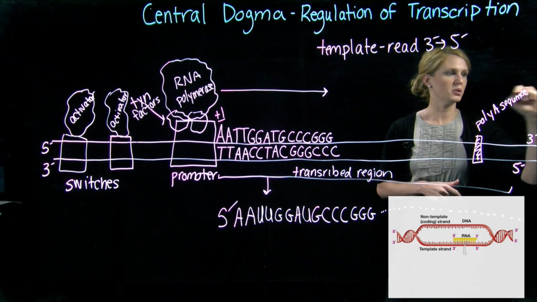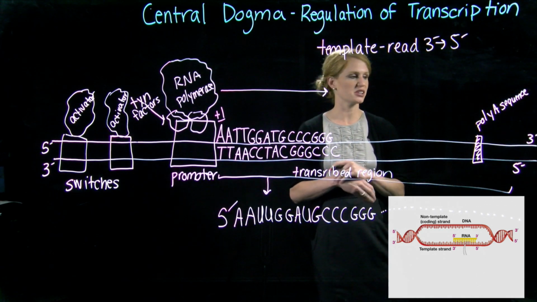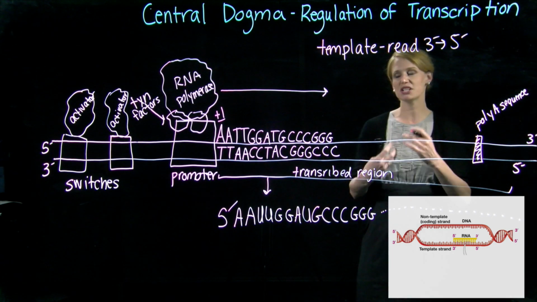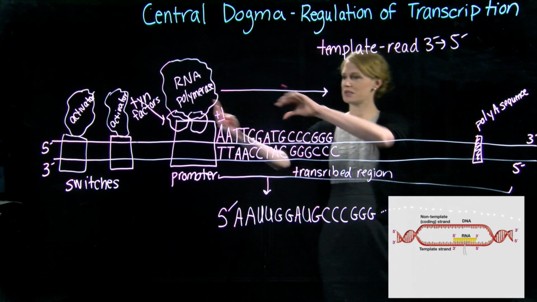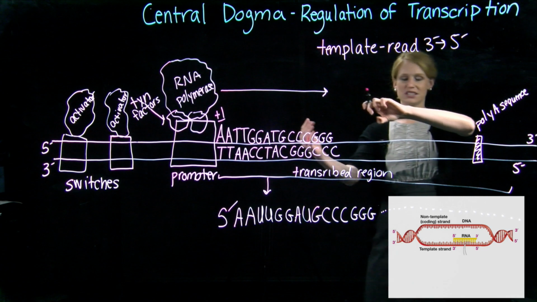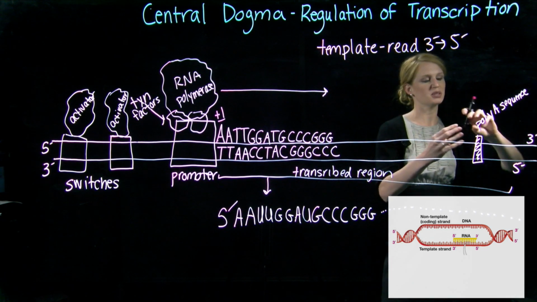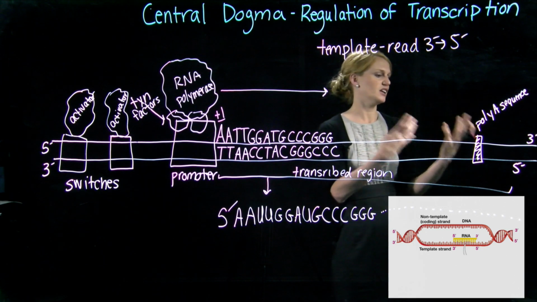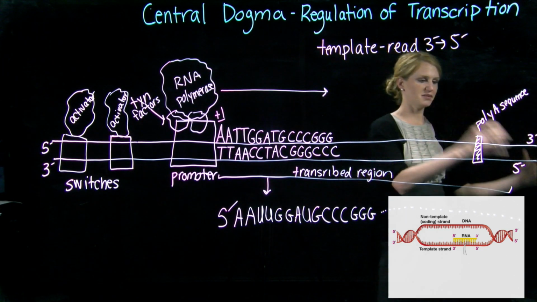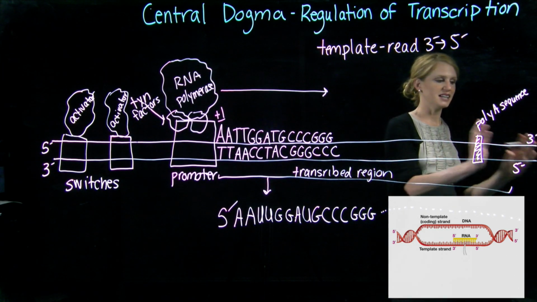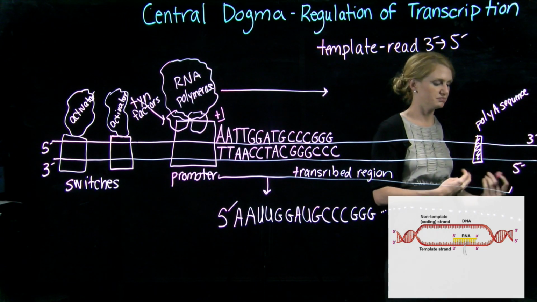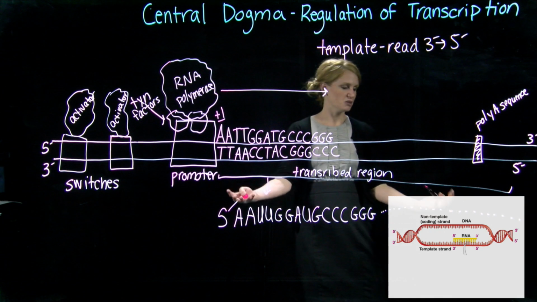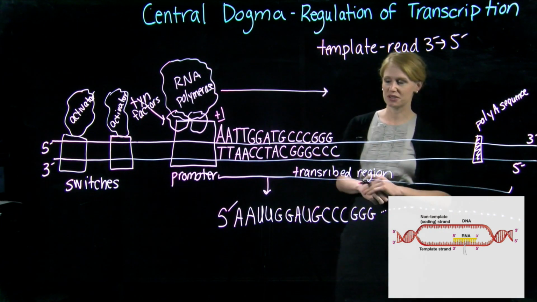This is going to become important later in the RNA transcript, but it's also important for signaling RNA polymerase that it's reached the end of the gene. So RNA polymerase is going to continue transcribing the template strand all the way until it reaches the poly-A sequence. And this is kind of a signal that says, hey, you're done transcribing, and sometime directly downstream of this, RNA polymerase will fall off the gene, and we have what's called a primary transcript here.